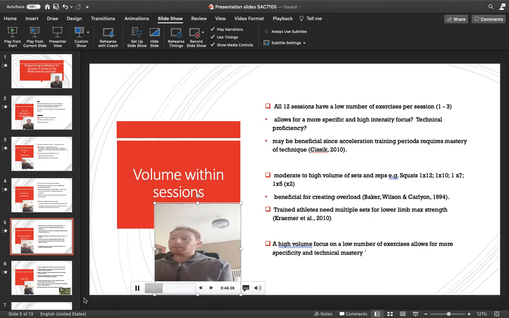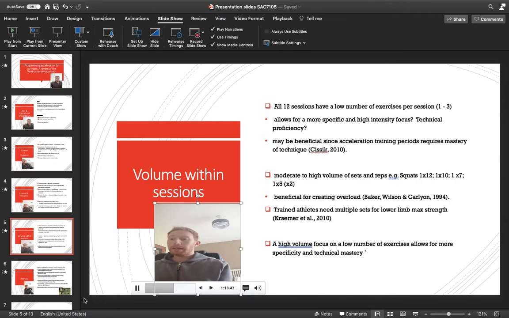So not many exercises, but we are focusing heavily on that low number of exercises. We know as well that acceleration is a very technical skill, and so all the exercises we're doing on the track, we want to be very specific in those exercises. We're replicating that in the gym, allowing for that technical proficiency.